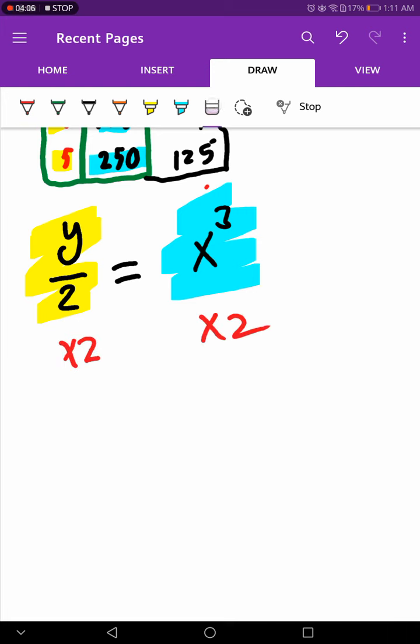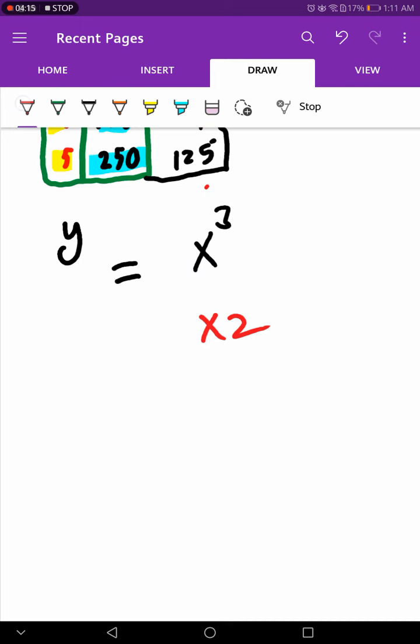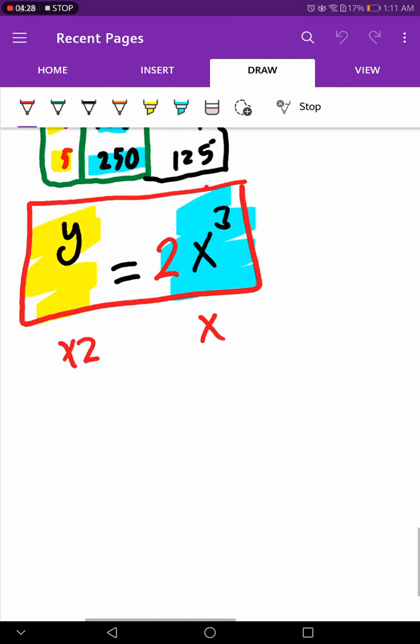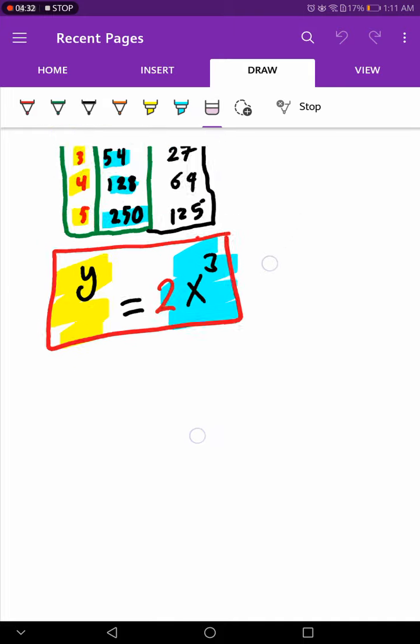So this will be eliminated, the y will become alone, and 2 multiplied by x cube is 2x cube. So this is the rule for these ordered pairs: y equals 2x cube.